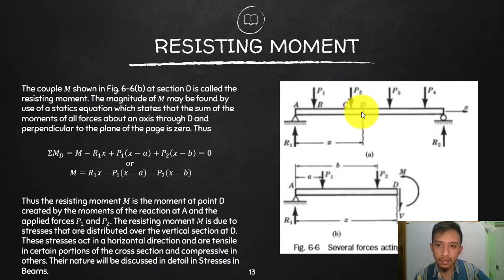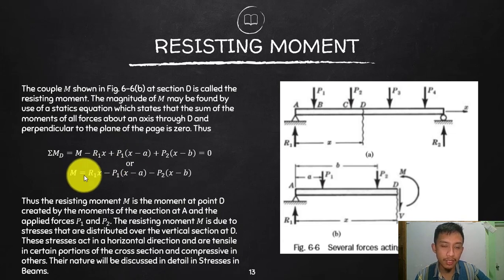So let's say I want to know what the internal forces and moment are somewhere here, a little bit longer than D, that is still within your division between P2 and P3, then all I need to do is change the value of x that I will substitute.